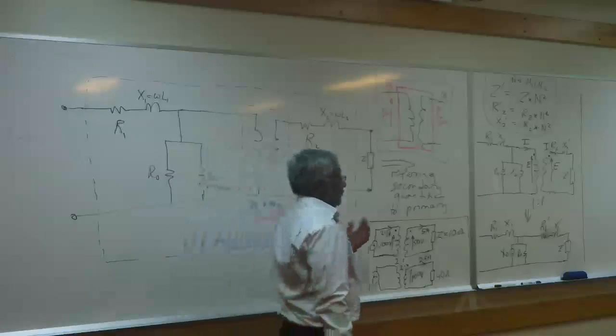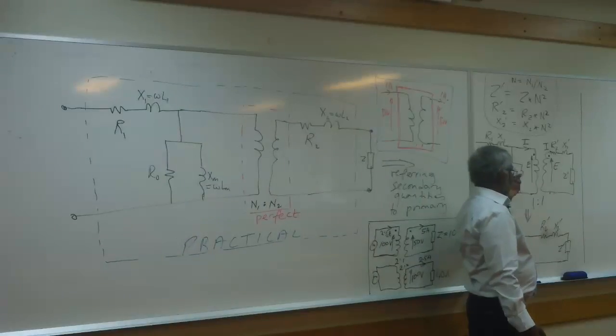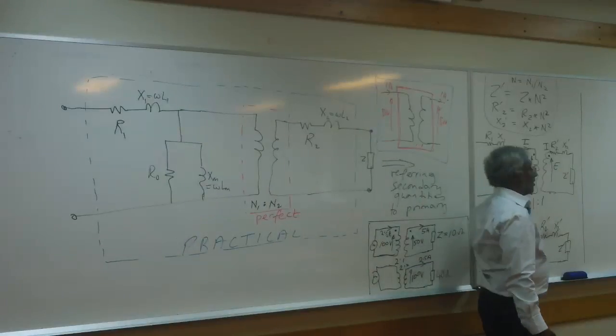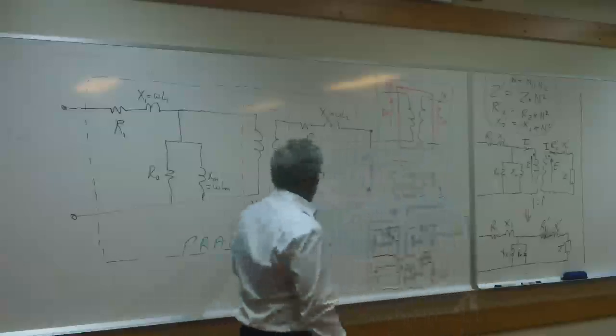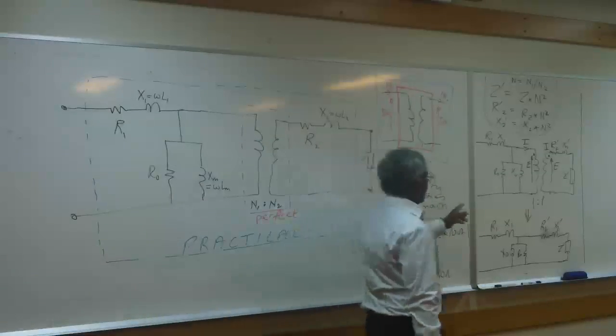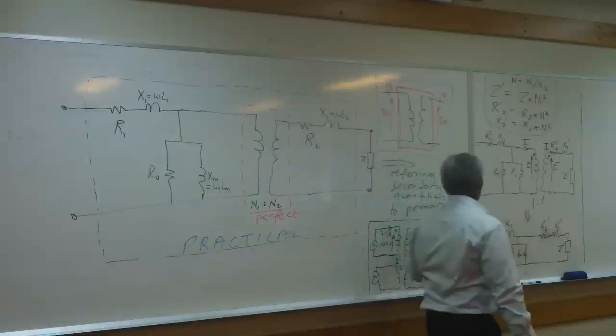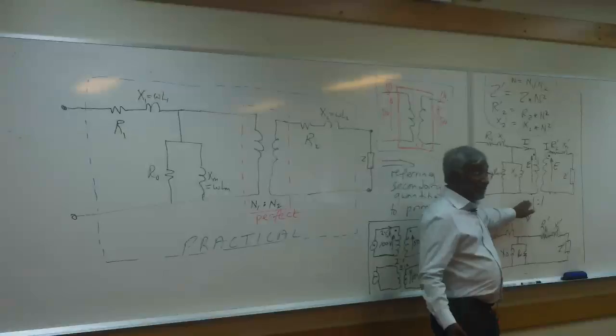By referring everything to the primary side, that is, refer those values to the primary side, in other words, convert the N1 to N2 transformer to a transformer of 1-to-1, and in that conversion, you haven't done any more approximations.